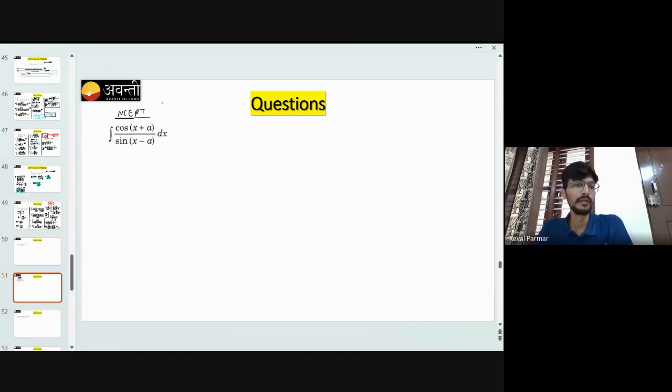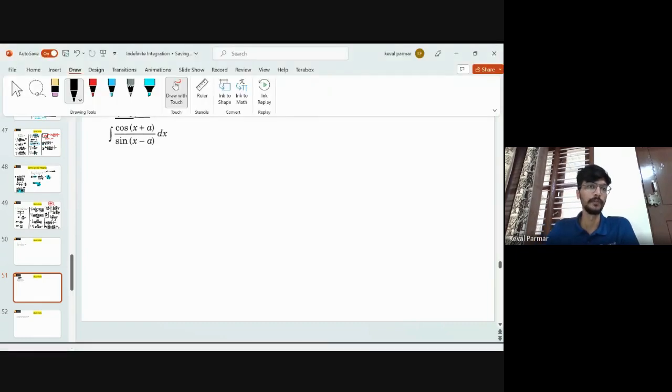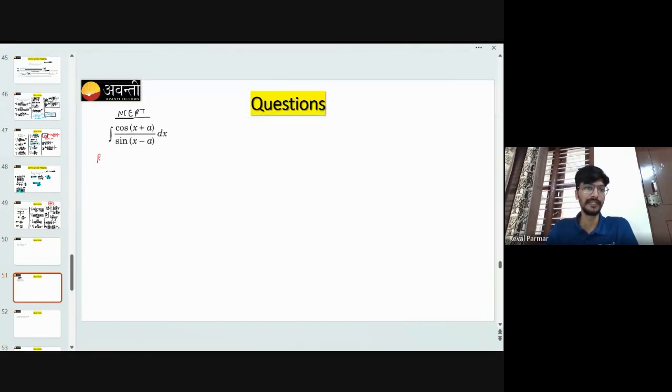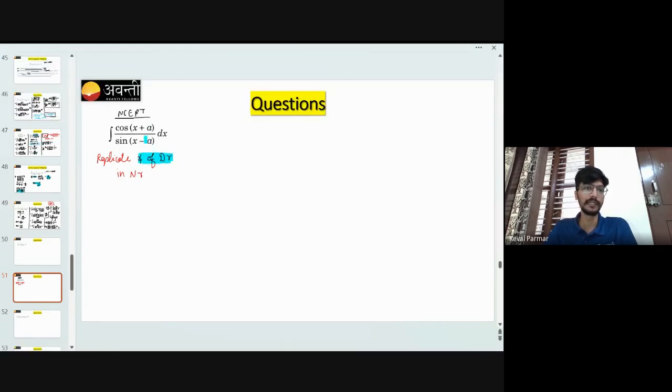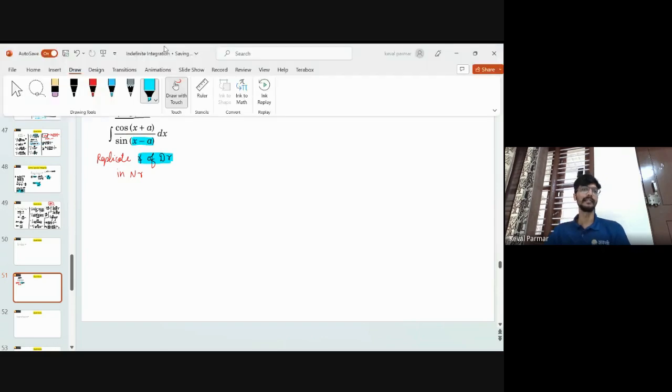Here what we do, we replicate the angle of the denominator in the numerator. So what is the angle of the denominator? It is x minus a.